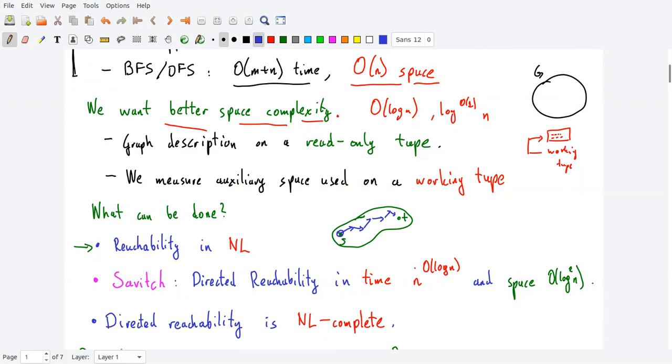And the only thing that you need to remember during this algorithm is where you currently are at this point during the process. So if you are able, by following edges of the graph, to move like a token from S to T, then definitely you have found a path from S to T. This proves that reachability is in the complexity class NL, which stands for non-deterministic space order of log.